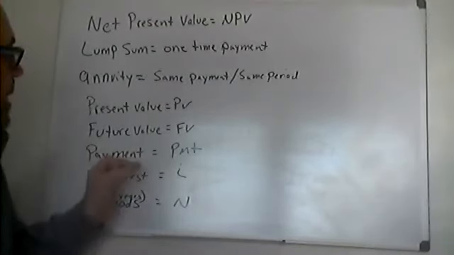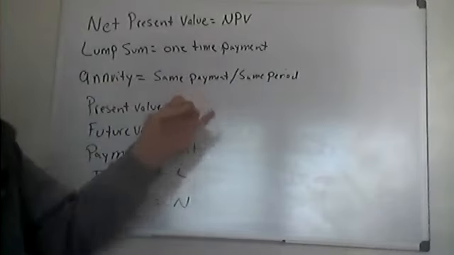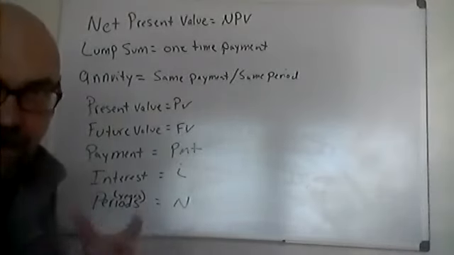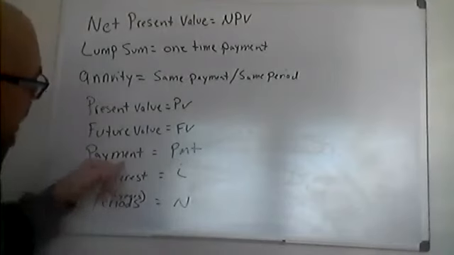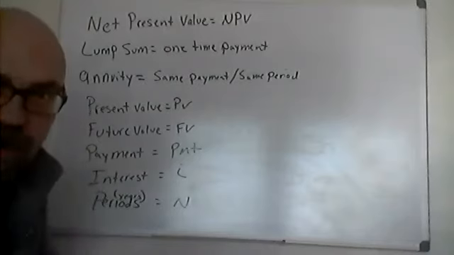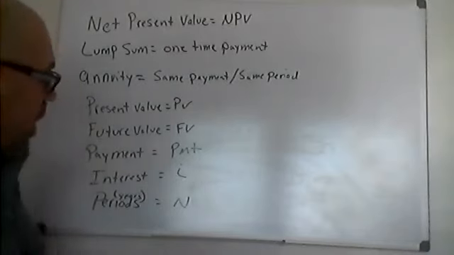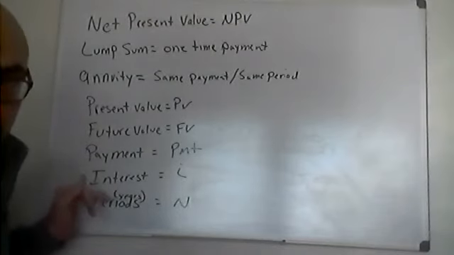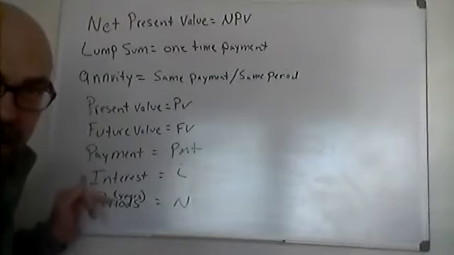Payment is, if we have an annuity, the same inflow or outflow that happens on a regular basis, and that is going to be denoted as a payment. In order to calculate our discounted cash flows, we are always also going to have to have an interest rate. This is what I was talking about with the discount rate.